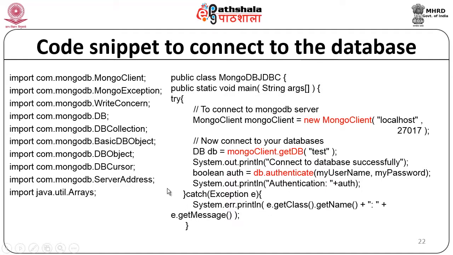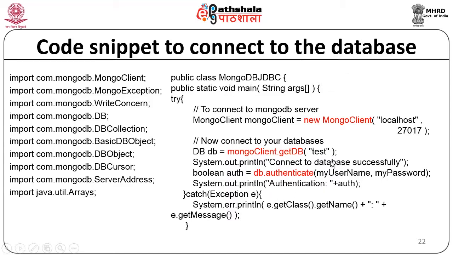For example, on this slide you can find a code snippet which is used for connecting to the database. Here you can find various imports related to database connectivity like DB, DBCollection, BasicDBObject, DBObject, and DBCursor, which are all database related imports required for connectivity with a Java program.